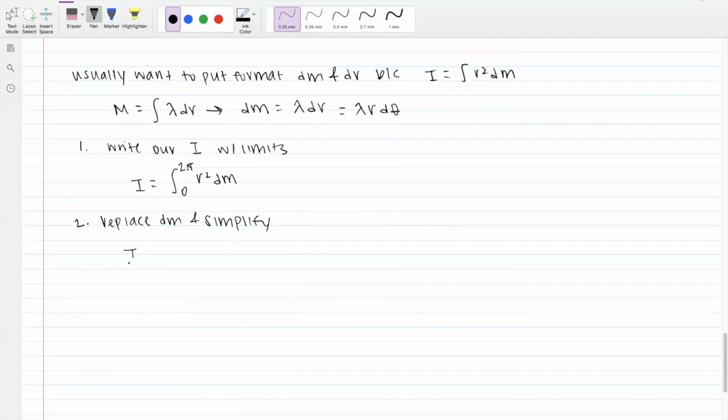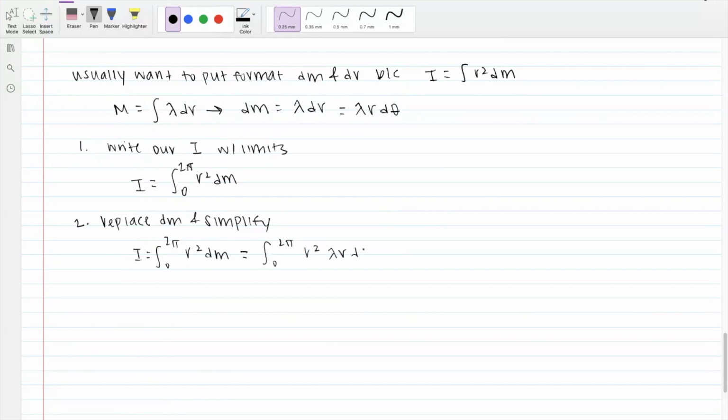So I is the integral from 0 to 2 pi of r squared dm. Now we're replacing dm with this lambda r d theta.